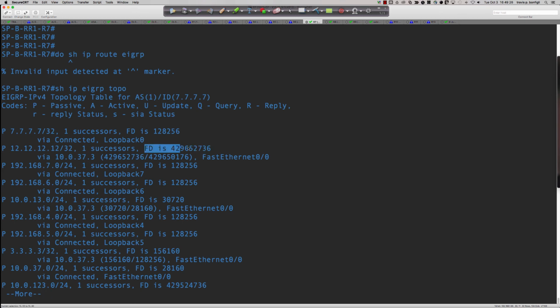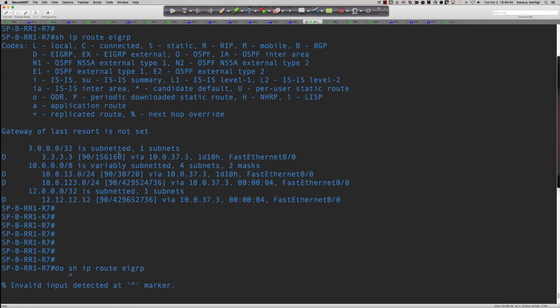But remember, feasible distance is a point-in-time value. And the reason I gave you the red pill, blue pill is that in your CCNA studies, go with feasible distance. If they ask you, hey, what is this value known as? Go with feasible distance. If they ask you what the second number in the show IP route command is, go with feasible distance.